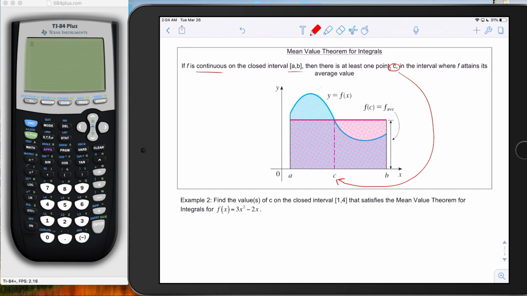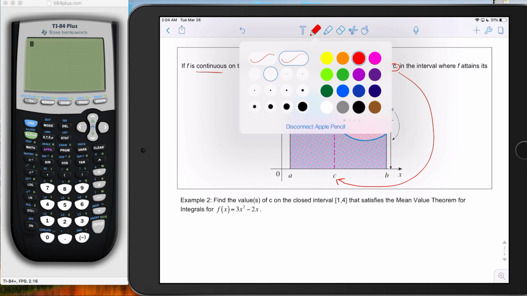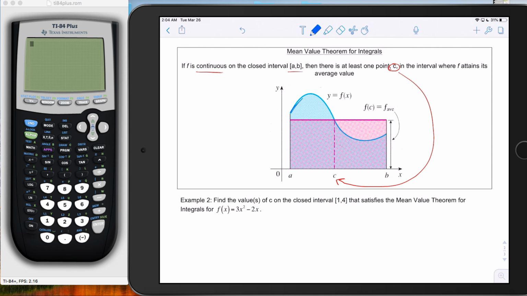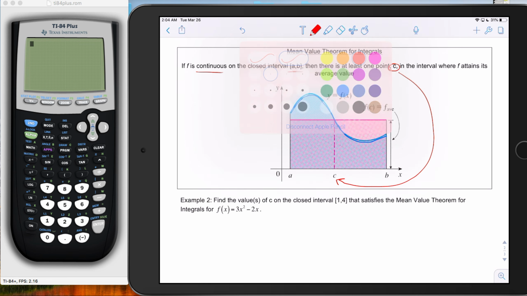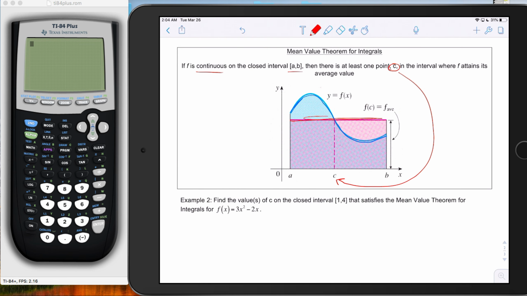So what it's saying is, if you have this curve, this function here, and you find its average value, you flatten it, and then you find the average value right there.